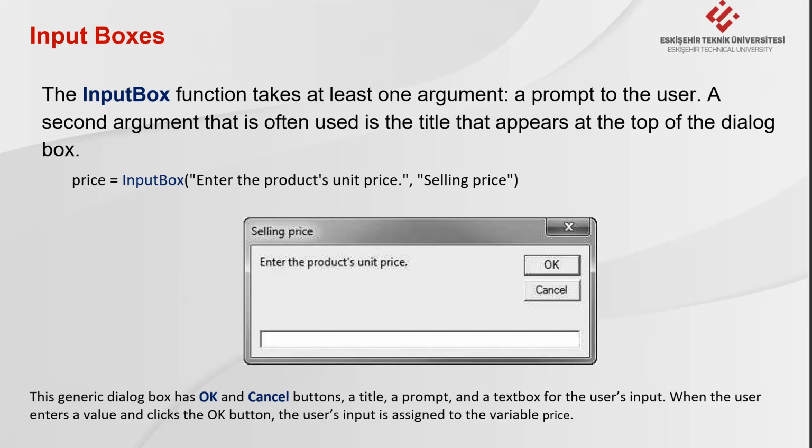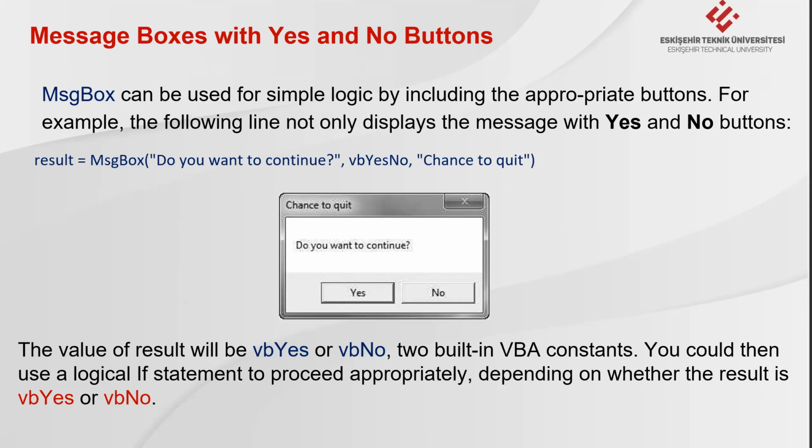But if you use a message box, it's a message, and in here you can again get some information from the user. For example, your user can click Yes or No, and if you use it that way, your result will be the vbYes or vbNo constants from Visual Basic. According to that, you can do one job or another job by checking Yes and No.